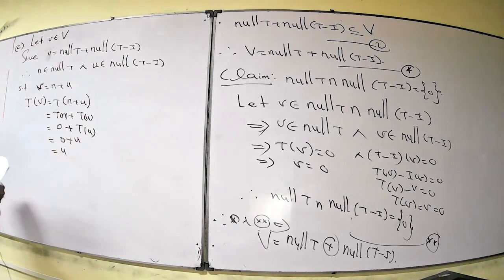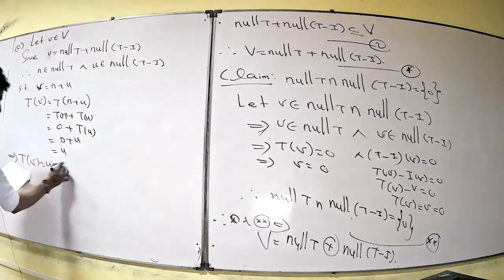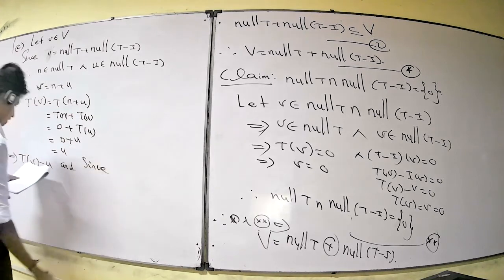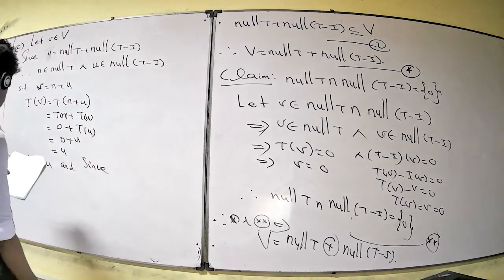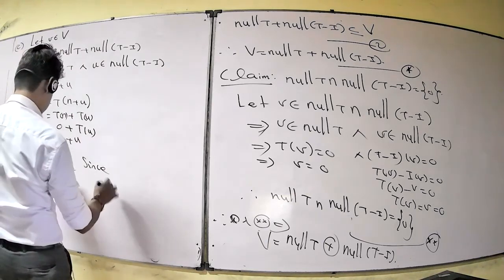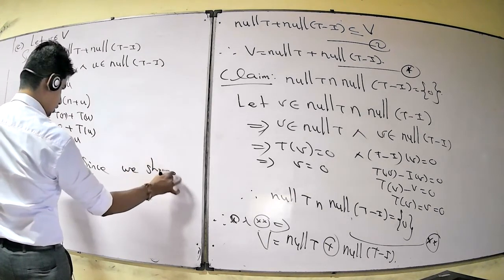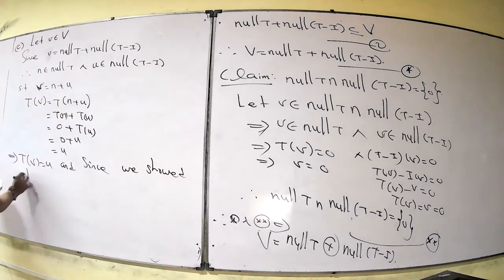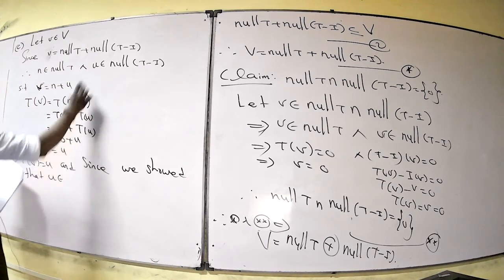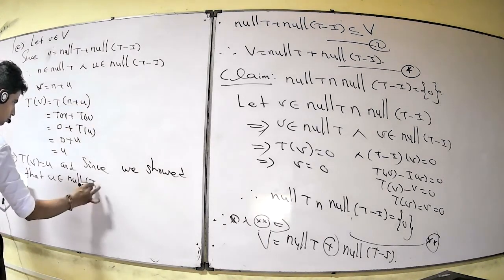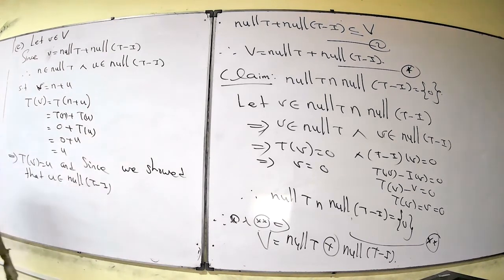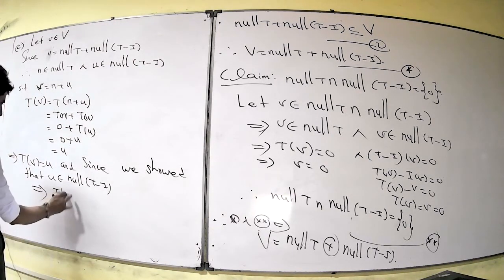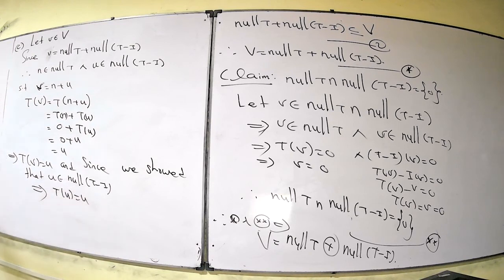Therefore, T of b equals u. In the previous part, we showed that u belongs to null of T minus I. But u belonging to null of T minus I means T of u equals u.